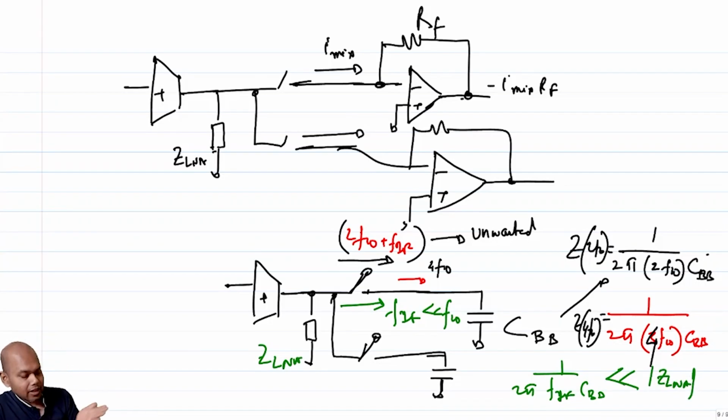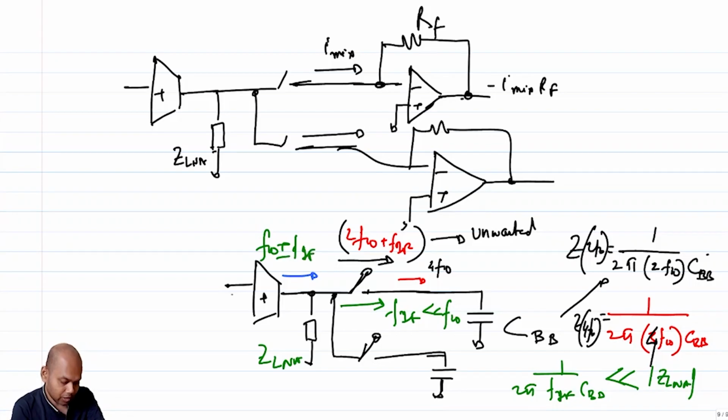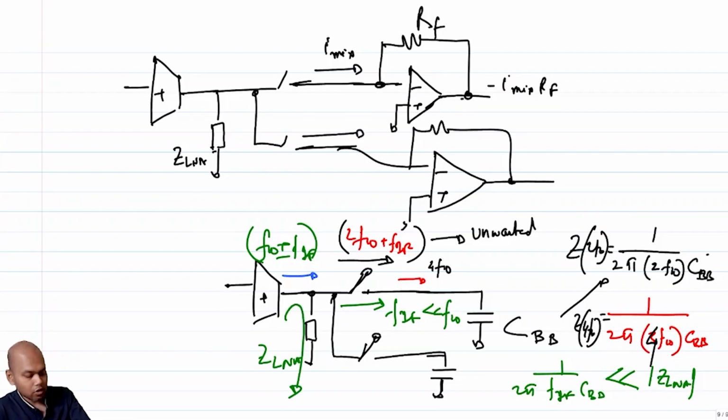If that is the case, what is the corresponding input that was giving rise to this FIF signal swing? The component at FLO plus or minus FIF was giving rise to this component of FIF. Correct? So this component of FLO plus FIF is going to mostly flow through the ZLNA and create a voltage swing at this node, right?